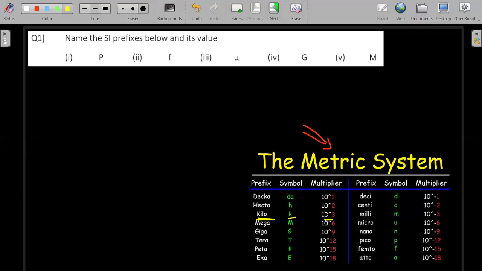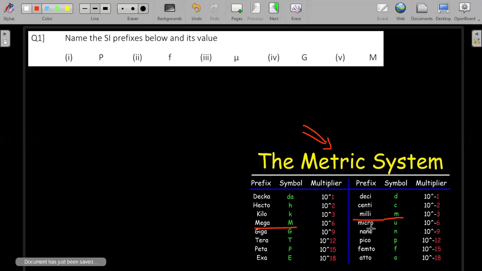These symbols are case sensitive. What do I mean by that? It means you must be very careful, because a capital letter and a smaller letter will not mean the same thing. For example, I have this M here, which represents mega, and then I also have this m here that represents milli.